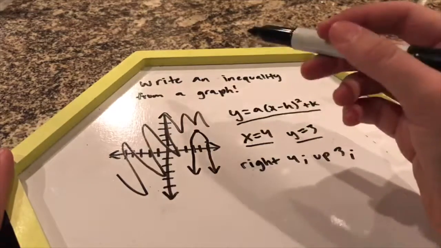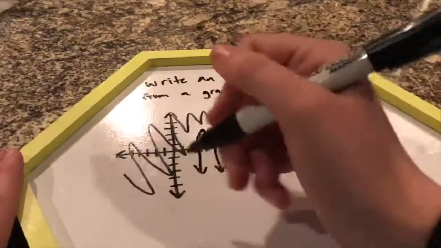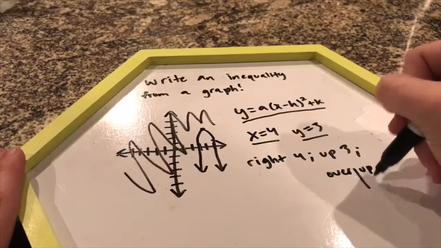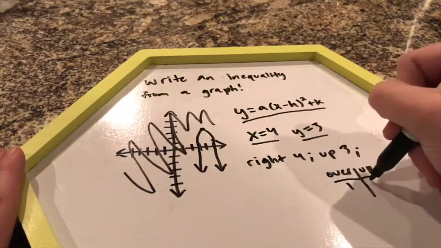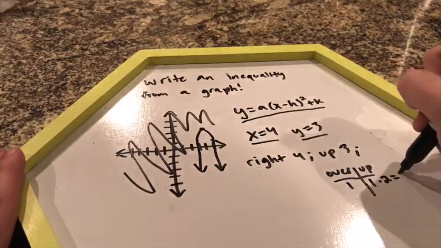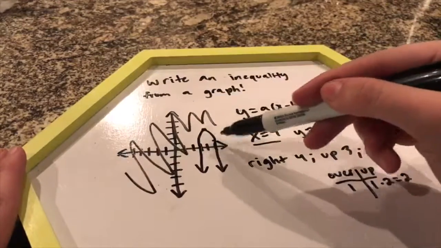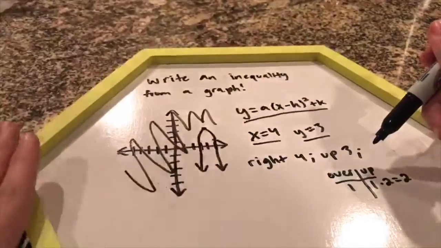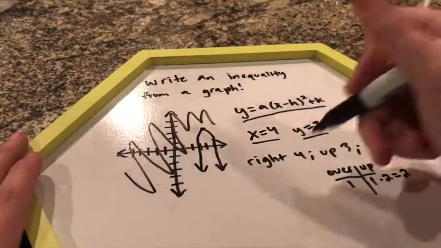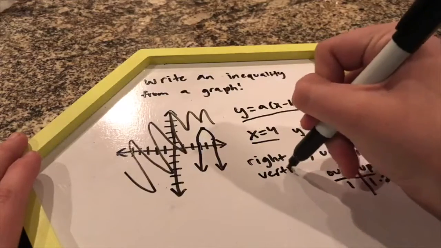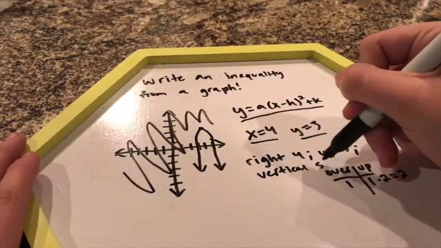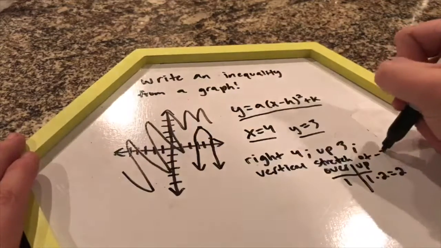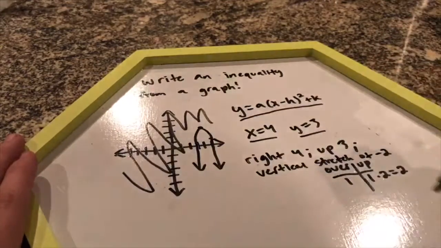So that's going to be a vertical stretch of 2, because if you draw your little over-up table and then you multiply this by 2, that means you're going over 1 and down 2. So you know you're going to have a vertical stretch of -2 because you're going down 2.